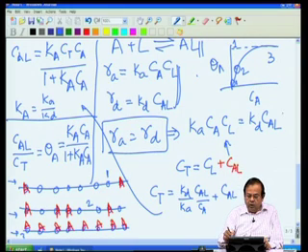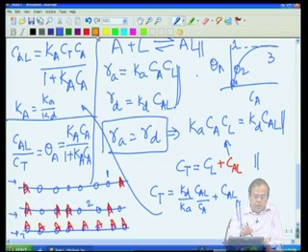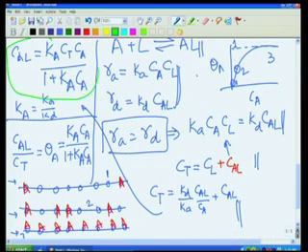I assume equilibrium, then I say that total sites are either free or occupied, and do some algebraic manipulation to get my final adsorption isotherm. So, these are the steps that we follow for any adsorption isotherm.